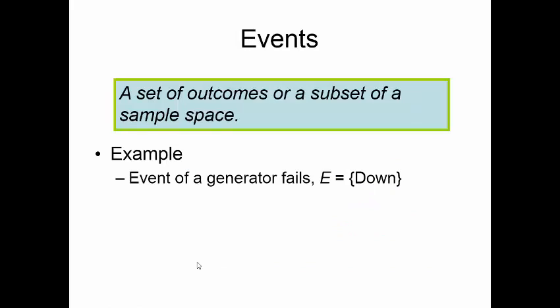Now, events. An event is defined as a set of outcomes or a subset of a sample space. For example, in the generator example, if you pick the state down, this is the event that the generator has failed.